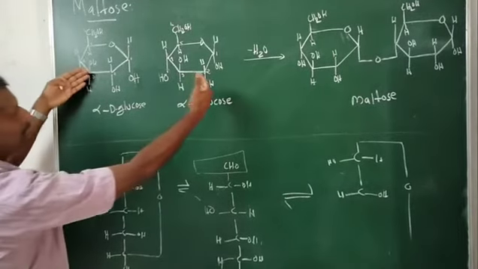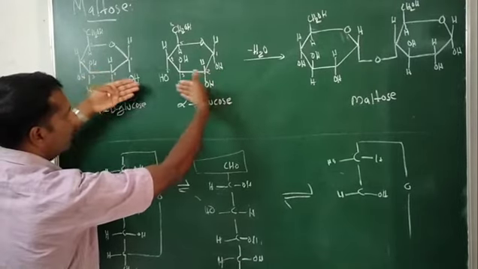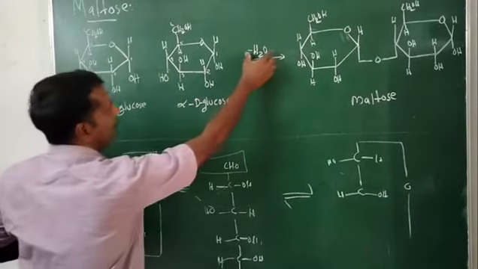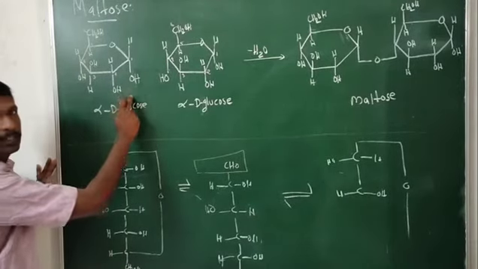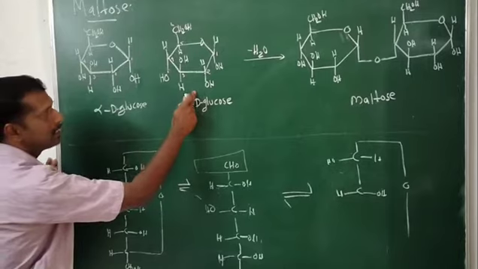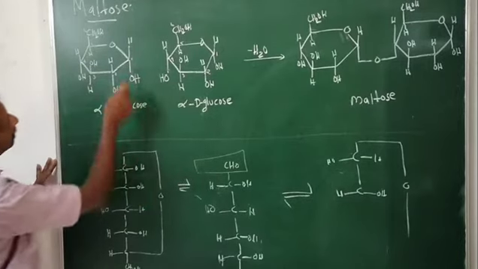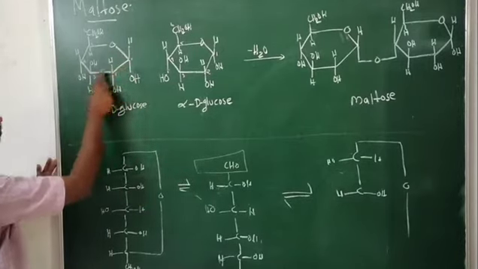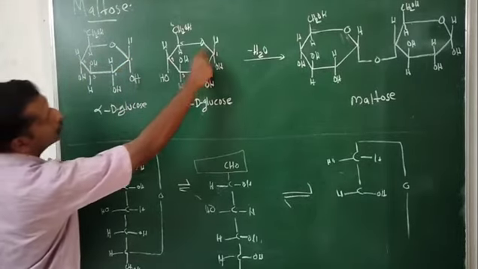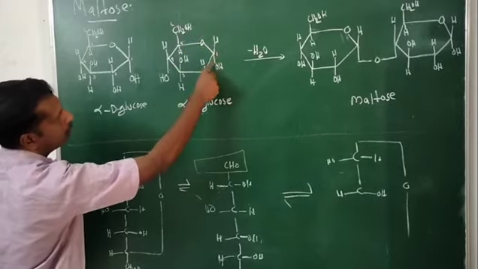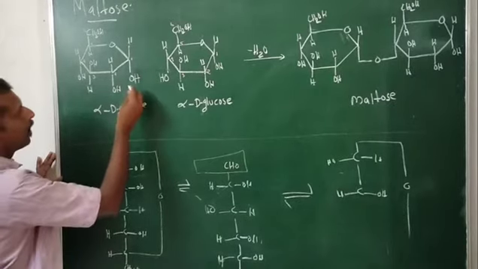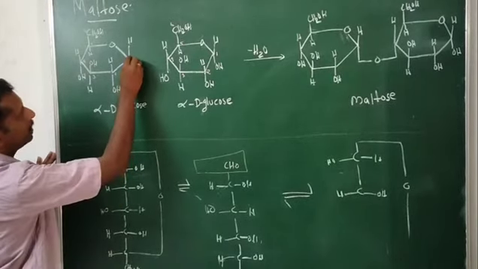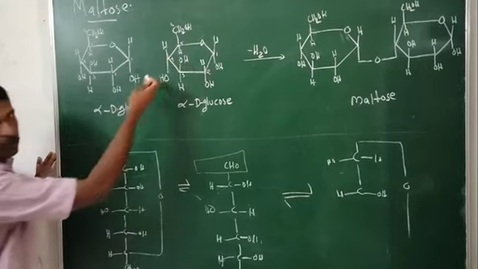Now you can see that these alpha D glucose molecules are joined together, eliminating a water molecule. When you write the pyranose structure, this is carbon number 1, 2, 3, 4, 5, 6, and here also 1, 2, 3, 4, 5, 6, with the ring oxygen.